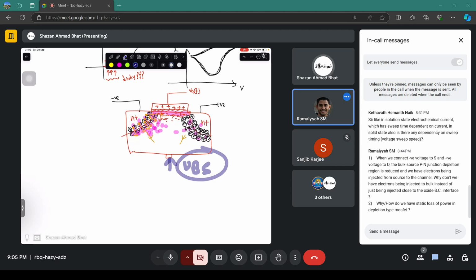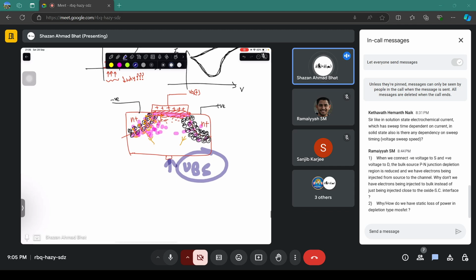I already posted it. Why do we have static loss of power in depletion type MOSFET? Ah, okay. Static loss of power. You told that we already have a channel, but why does it contribute to a power loss? Okay, let me think about it.